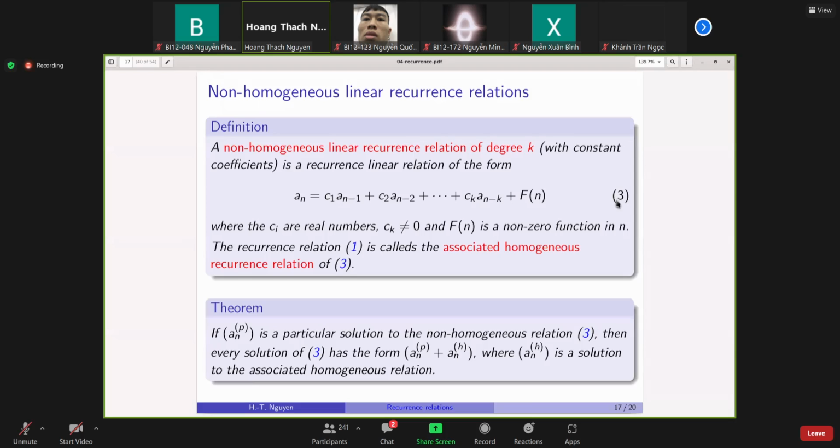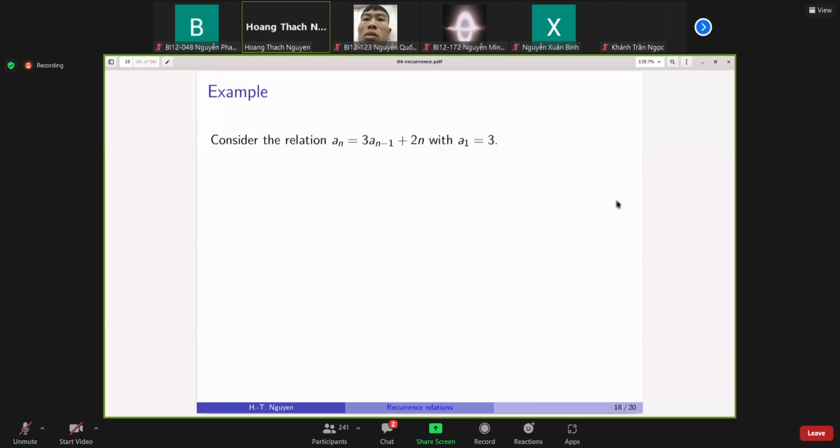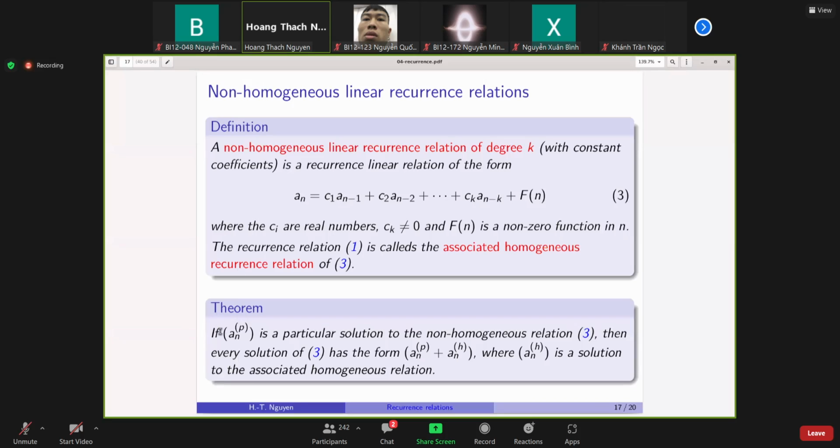Okay, so to illustrate, let us look at an example. In this example, we don't talk about how to find it. This theorem is not very useful by itself because it says that if you have a particular solution, but it hasn't told you yet how to find such a particular solution, but we will look at it later.